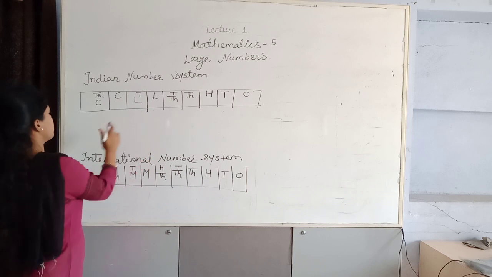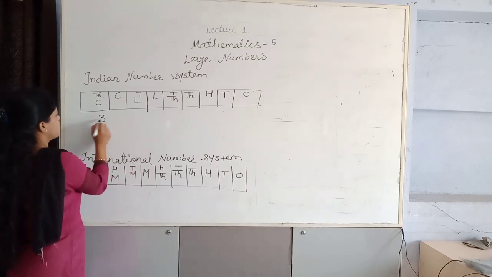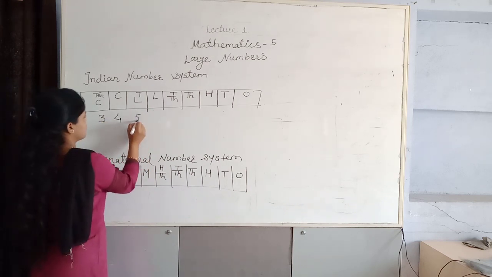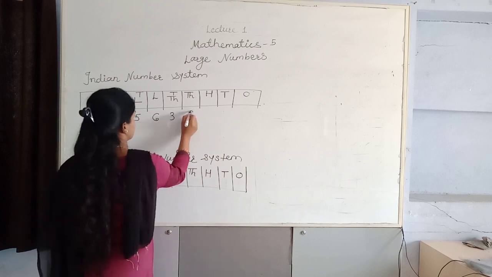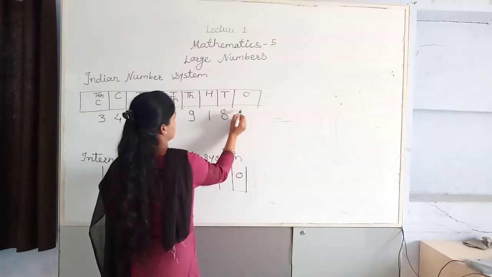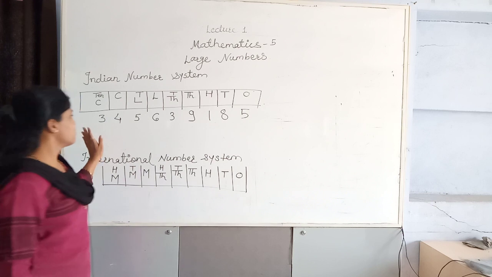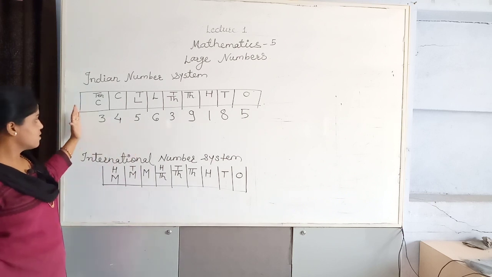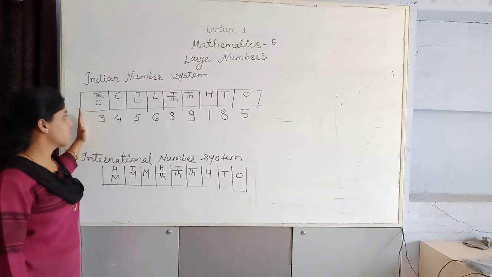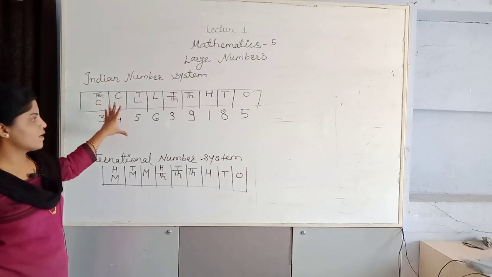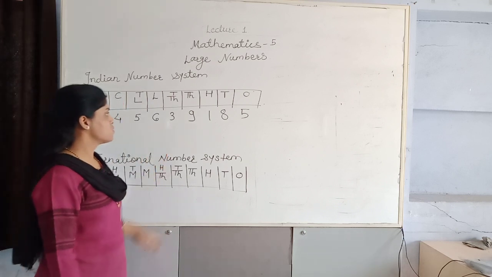For example, I will write a number here. See, I have written some digits here, and it seems difficult to read the number, but this place value chart helps us to read the number by using the periods.